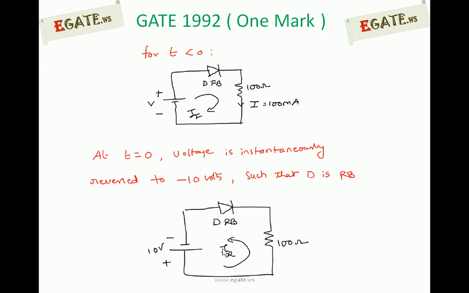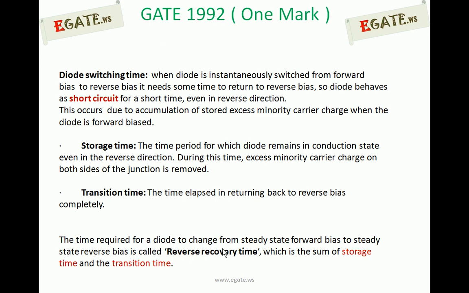So first we will see a small detail about the diode switching times. Later we will solve this question. Diode switching times: when a diode is instantaneously switched from forward bias to reverse bias, it needs some time to return to reverse bias. Meanwhile, the diode behaves as a short circuit for a short duration, even under reverse bias.